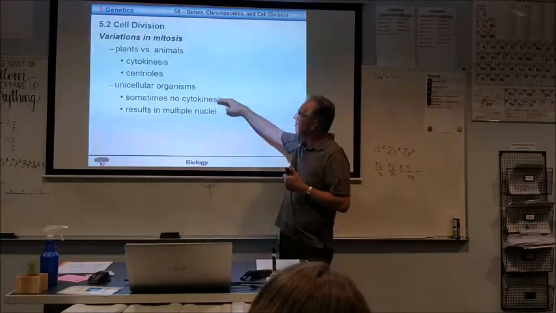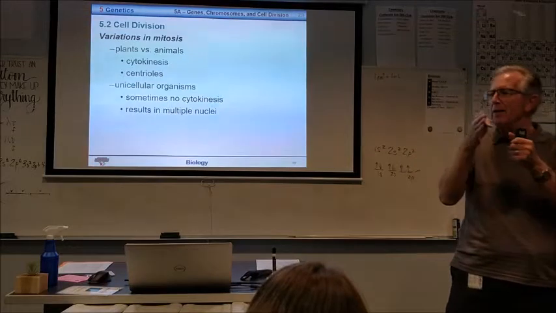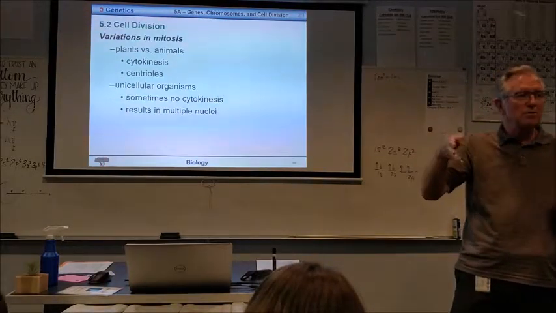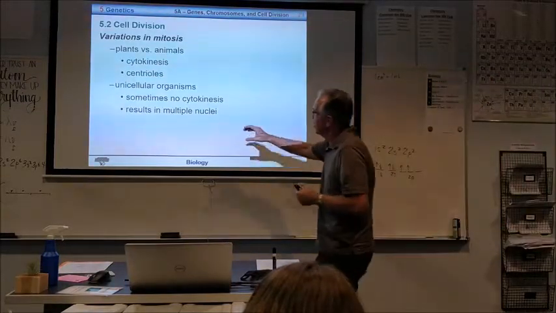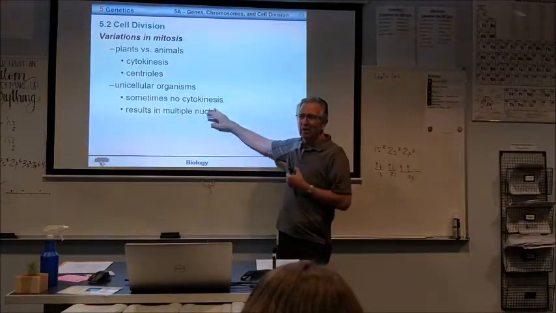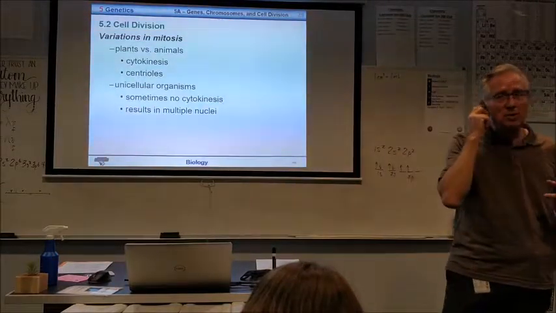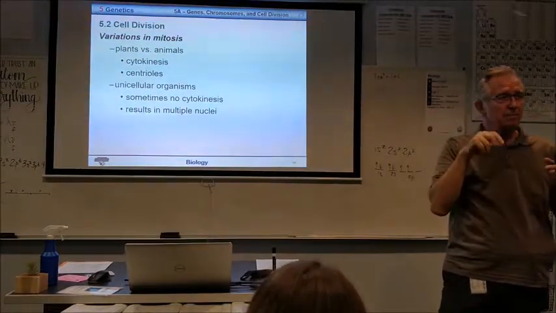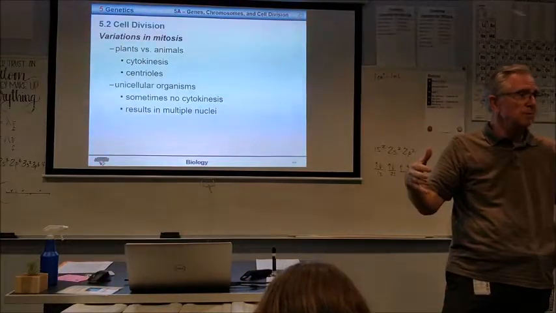Sometimes they don't go through cytokinesis. In other words, sometimes they don't actually divide their cell into separate cytoplasms. So that means you're going to end up with a cell that will have more than one nucleus. But because it has more than one nucleus, it can actually become a little bit larger because of that.